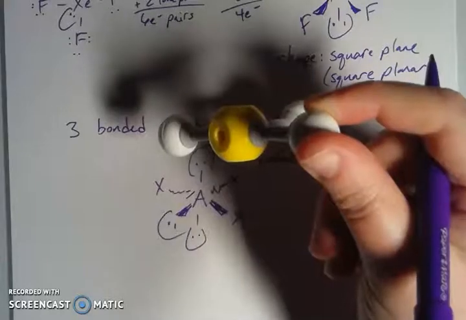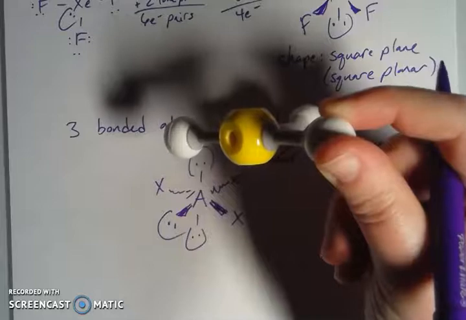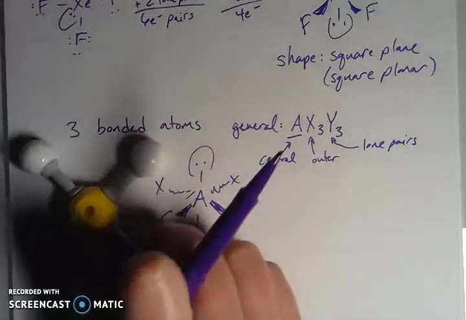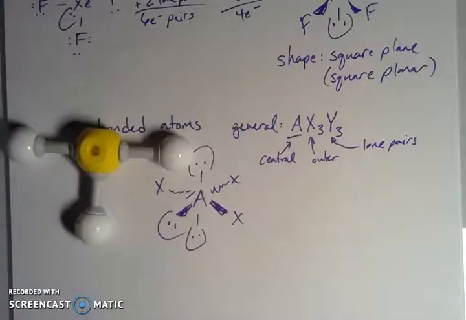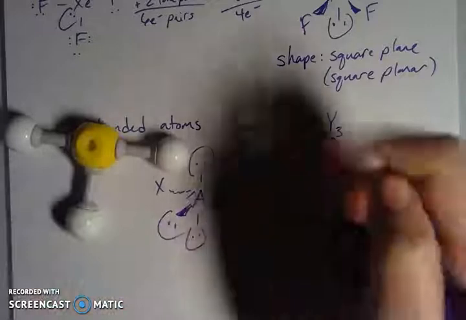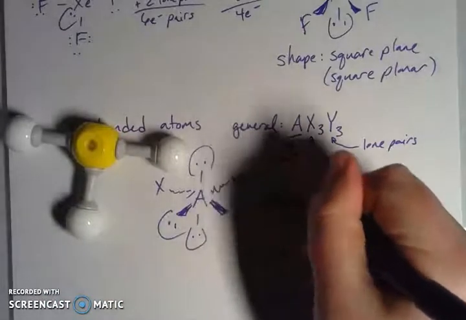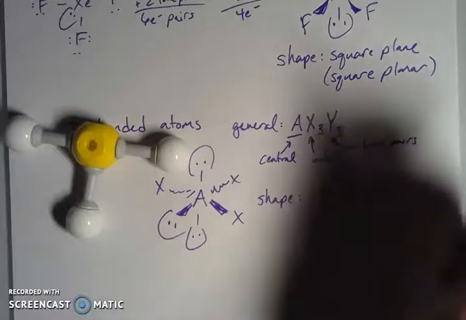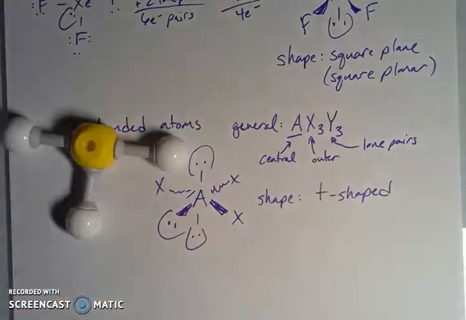So we have one of them coming out at you, 2 of them going back into the page. And if I look at it kind of from this perspective, or even from this perspective, it might look familiar if you've looked at trigonal bipyramidal geometries. We call the shape of this T-shaped. Again, sort of aptly named.